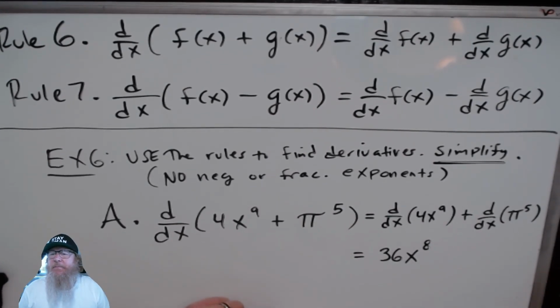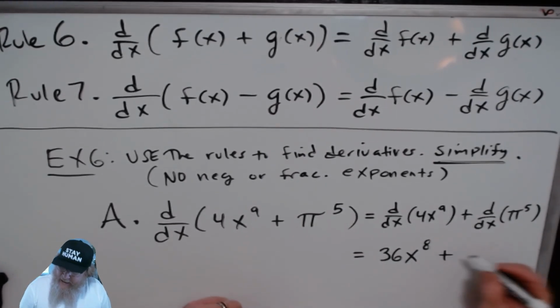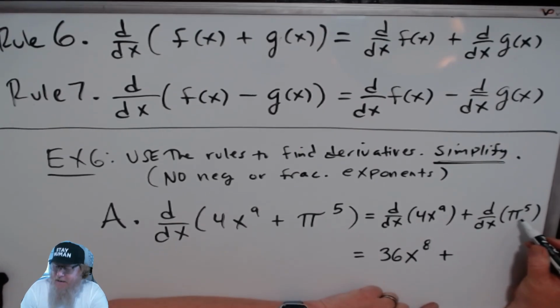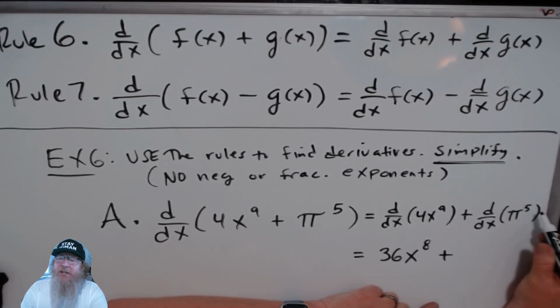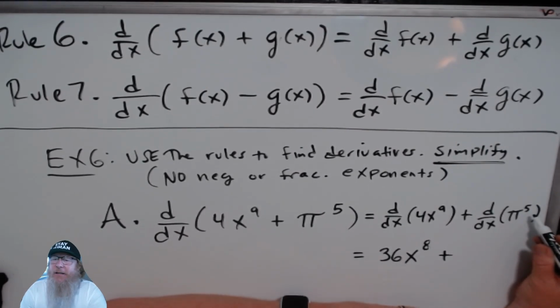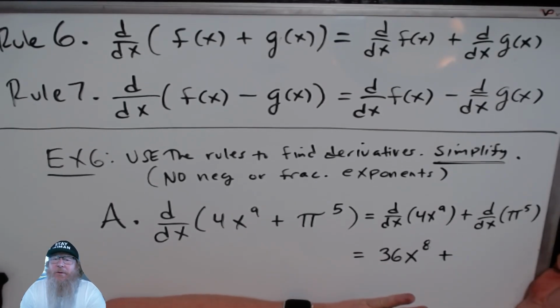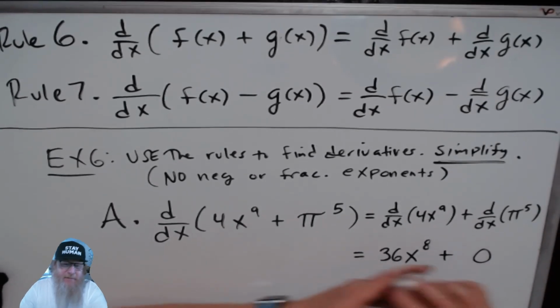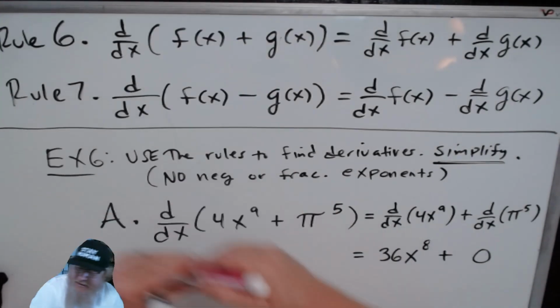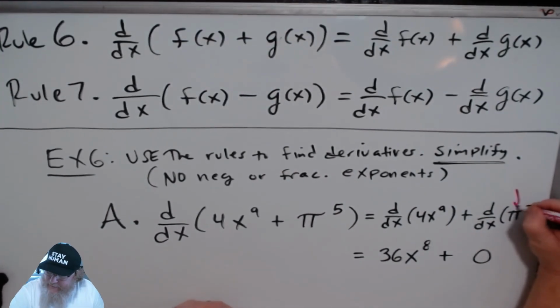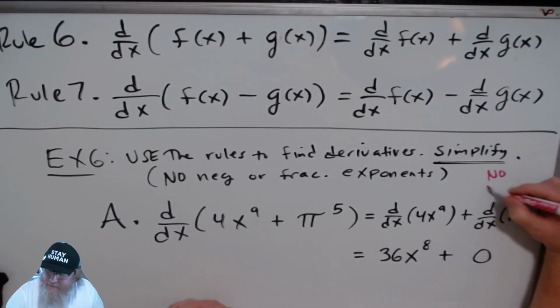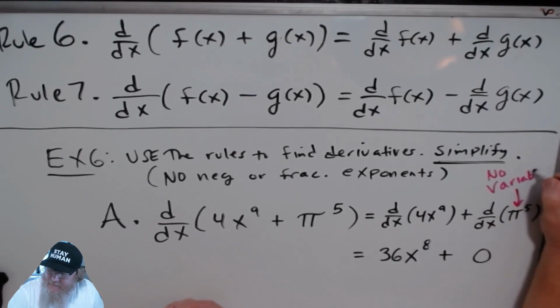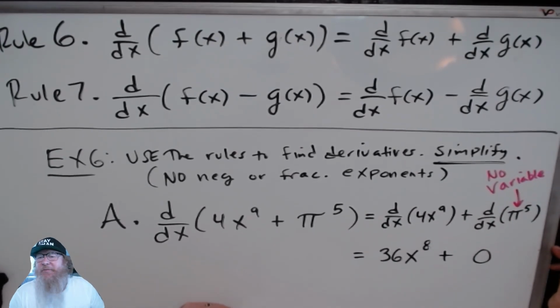Now this one's tricky. Pi to the fifth looks like an expression in which you would use the power rule, but it's not. Pi to the fifth is a constant. It's not a variable.